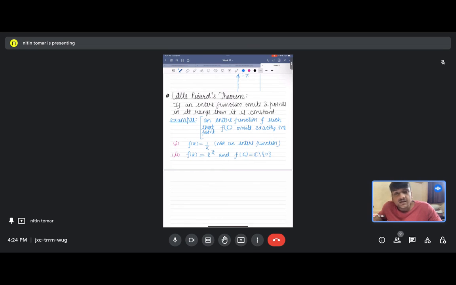Now, can you give me an example of an entire function which skips exactly 2 points? These are very easy questions. An entire function which omits exactly 2 points.